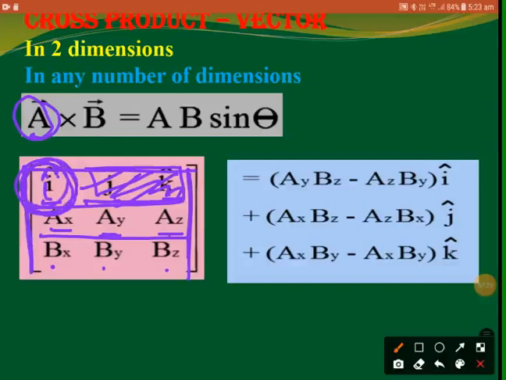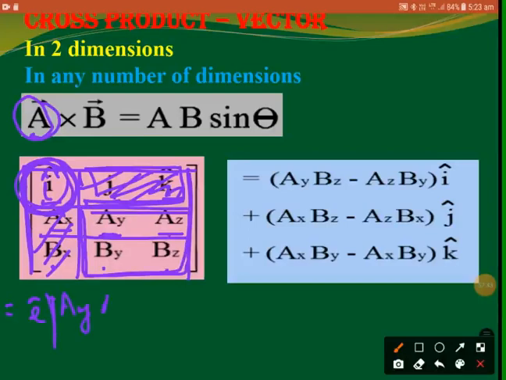So the column containing i cap is this one, so you need to remove this. Then what is left is this one, right? So you need to write it like this: i cap times this matrix, of what remains, AY, AZ, BY, BZ, like this. Got it?